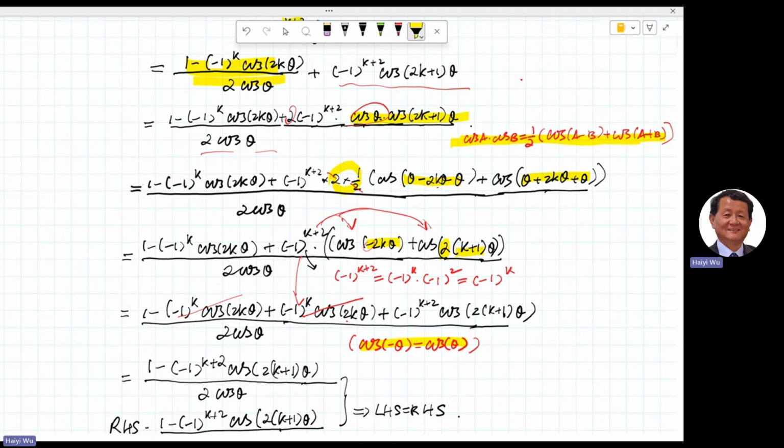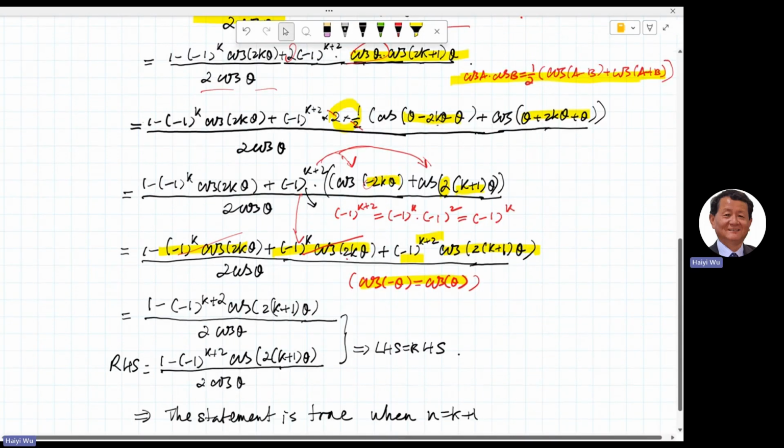Then expanding the next one, I'm going to copy that and leave k plus 2, don't change it to k. Now you can see those two are exactly the same, so they cancel out. The top becomes negative 1 to the power of k plus 2, then 2 times the bracket k plus 1 theta.